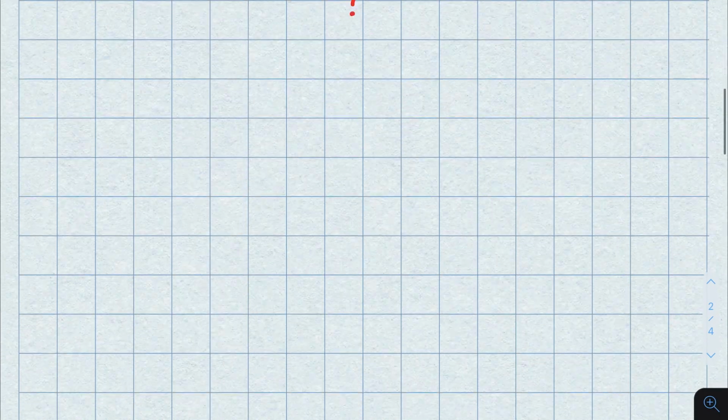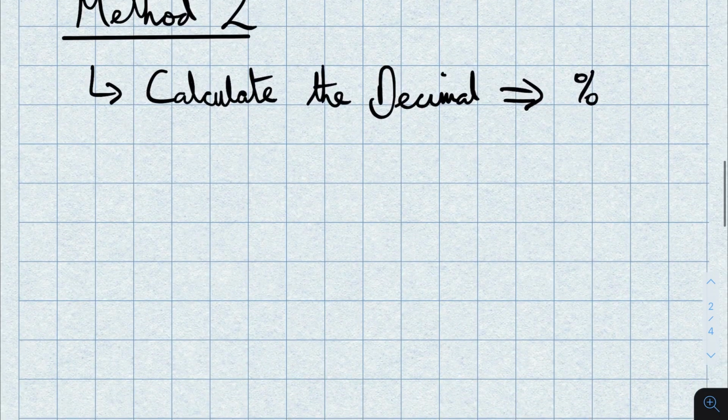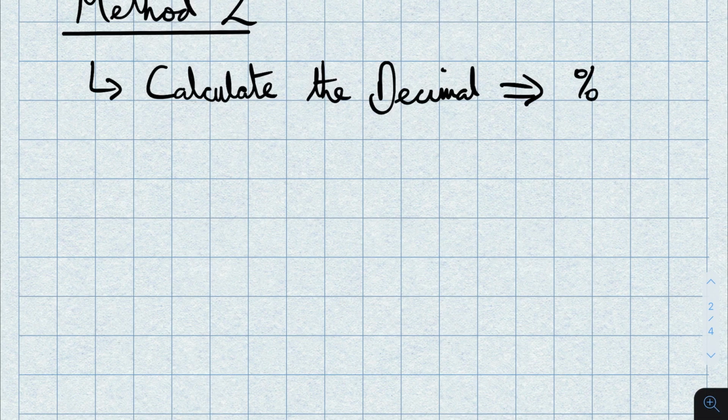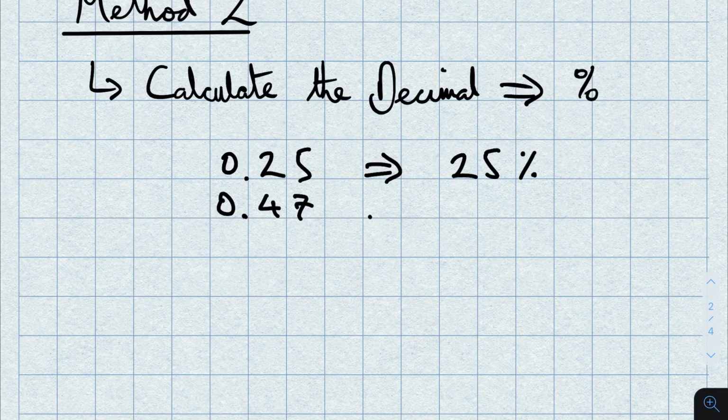So we might need to switch to method 2, which is to calculate the decimal and from there convert to a percentage. Now, any decimal, let's take 0.25, is really easy to make into a percentage. 0.25 becomes 25%. Just like 0.47 becomes 47%.